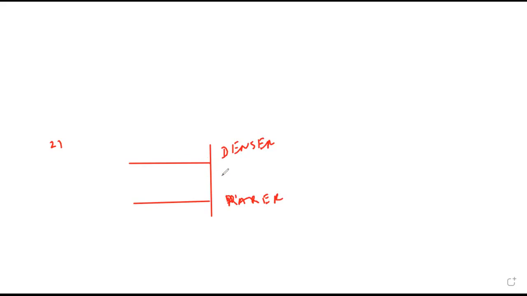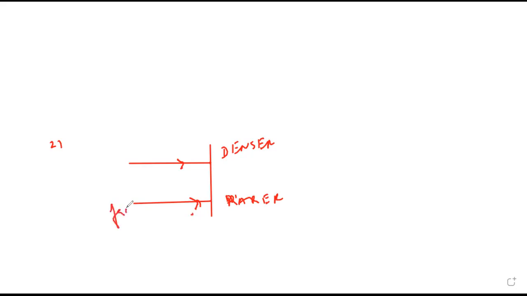If I consider this beam of light coming horizontally from one medium to another, this will move through the rarer medium, then this is the normal. If we assume the light coming like this horizontally, this ray 1 in the rarer medium will travel faster than that.